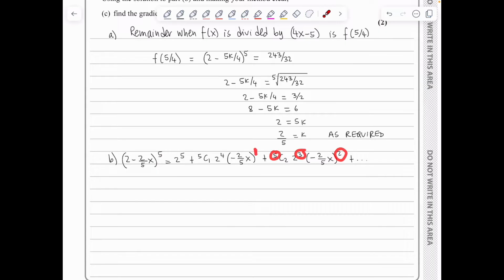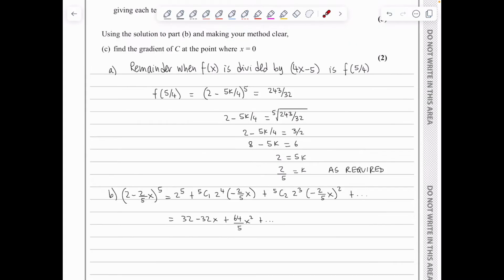So this was 1 and 4, it's also 5. So substituting the values on the calculator, we get a simplified answer of 32 minus 32x plus 64 over 5x squared plus dot, dot, dot. So we were only being asked to find the first three terms of this expansion.